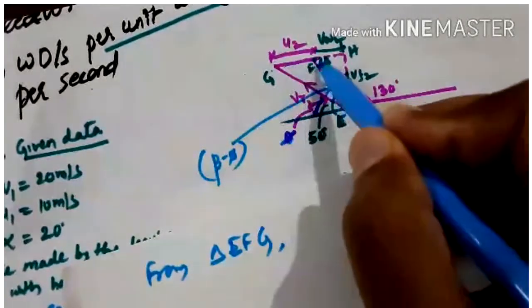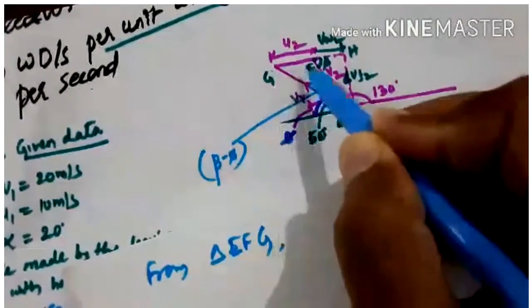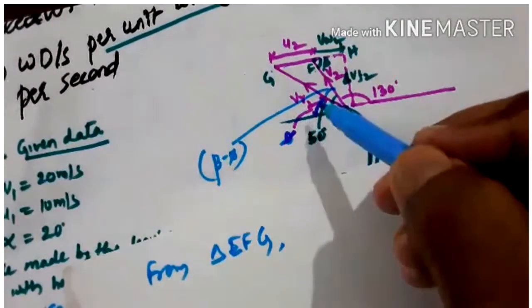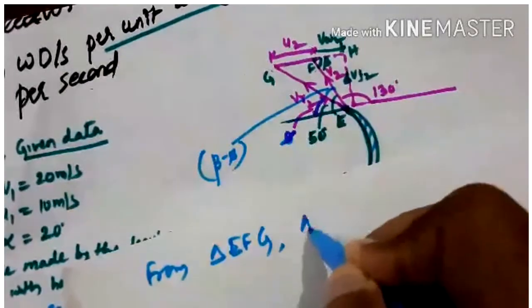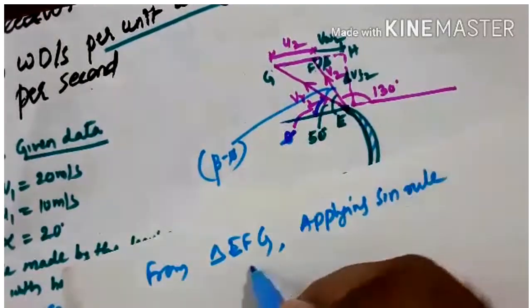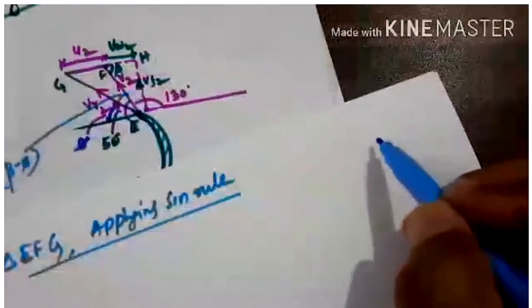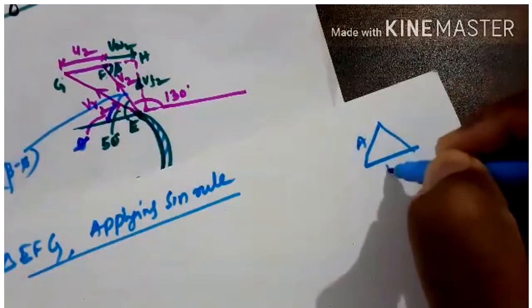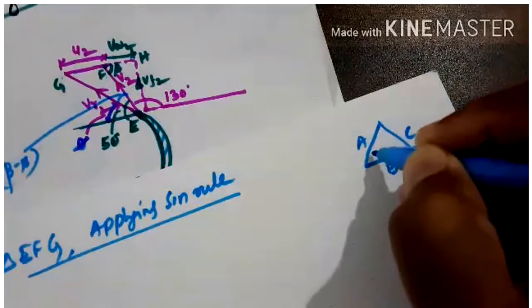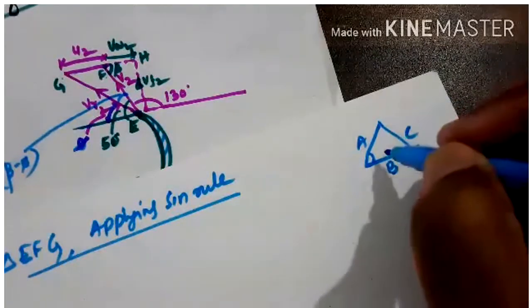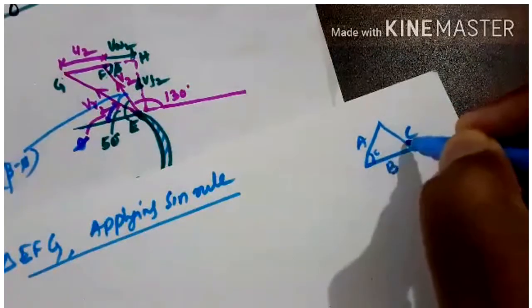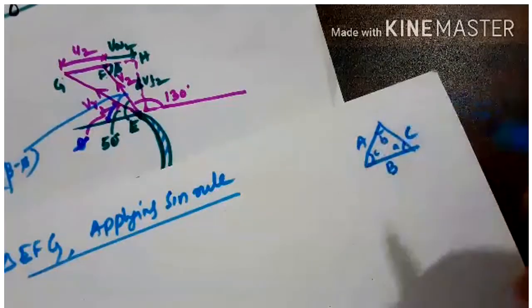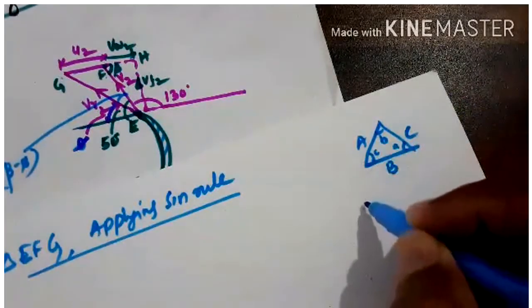Since it is not a right angle triangle, you have to apply either the sine rule or the cosine rule here. So applying the sine rule, you know the sine rule. Suppose this is a triangle with sides a, b, c, and this angle is small c, this is a, and this is small b, then notice what the sine rule says.